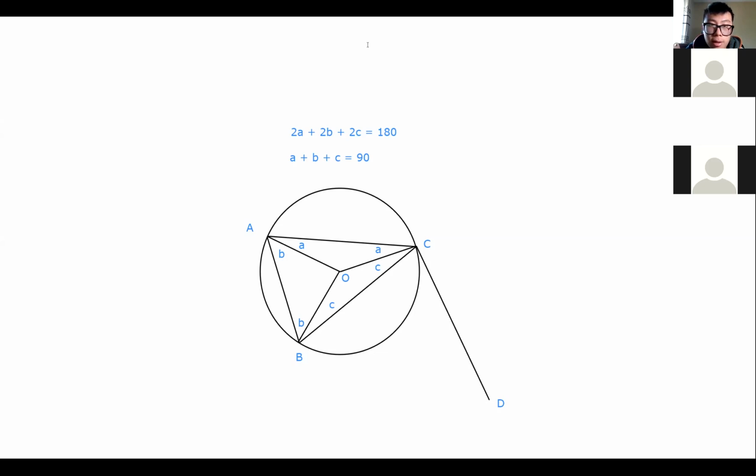So let's draw that in. Let's just draw two lines. So remember, OCD is equal to 90 degrees. Hopefully that's clear.